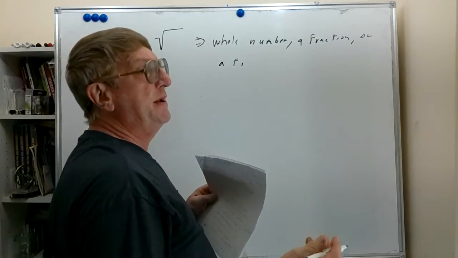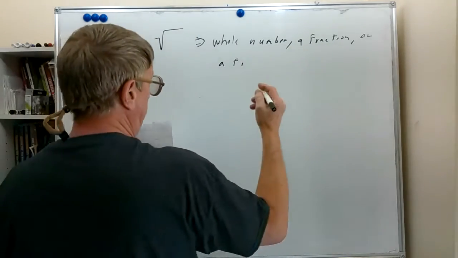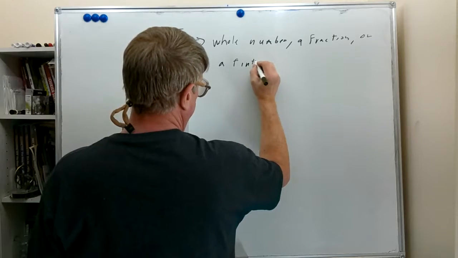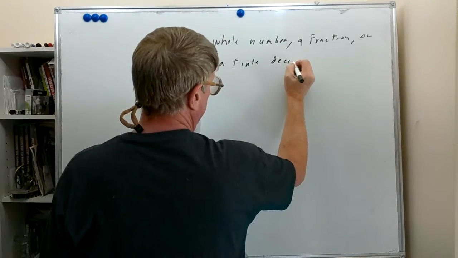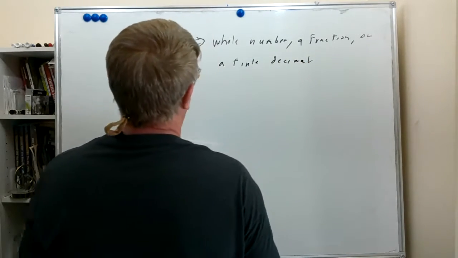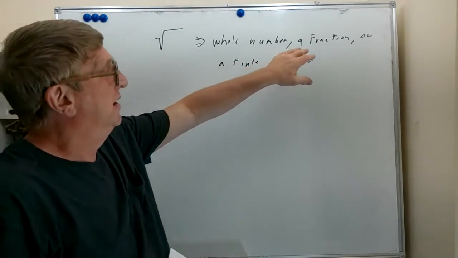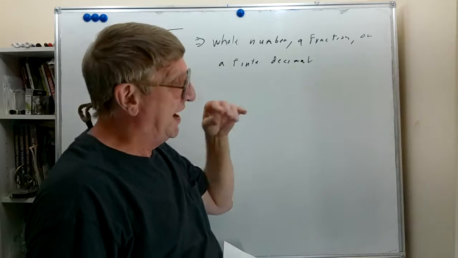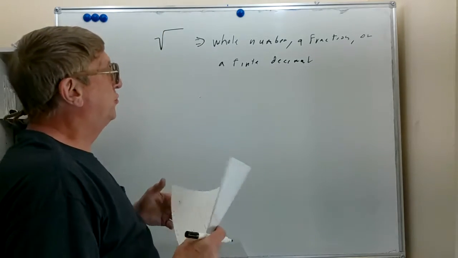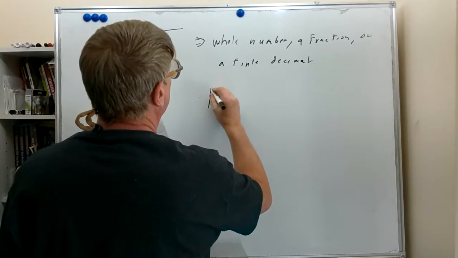Well, it can be repeating, but doesn't go on indefinitely. Any number whose square root is a whole number, a fraction, or a finite decimal is what we call a perfect square.